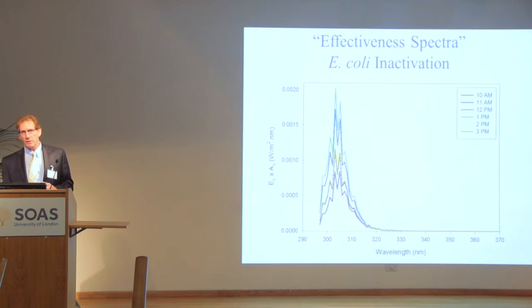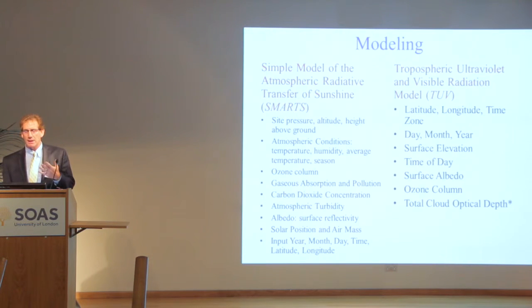So again, we have a pretty good understanding of how the system is going to behave, both in the lab and in the field. That leads us to additional work that we're conducting now and that we plan to conduct in the future. We're doing quite a bit of numerical modeling. I showed you a little bit of data from the SMARTS model that is available.